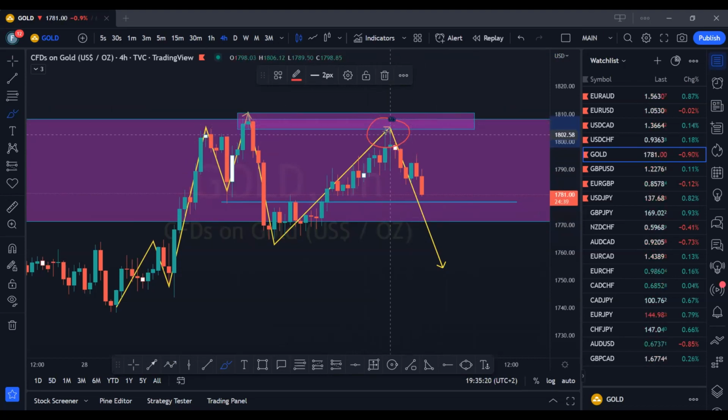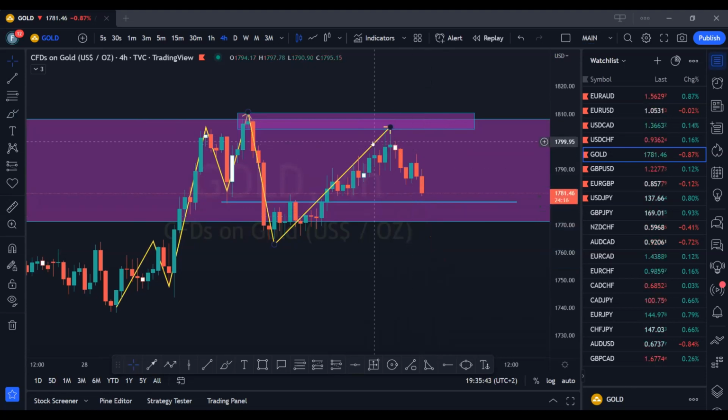So I was telling the people that joined the Sunday session that we should expect a sell from here. And then you can see that price has been dropping. So if you missed this entry, not to worry, we can take entry on a lower time frame, okay, because price is still going to correct itself at some point in time.